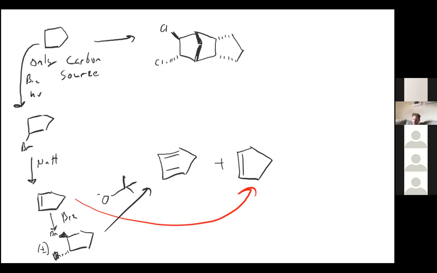Merging these two together through a Diels-Alder gets us to the majority structure of our compound. And then from here, just to chlorinate, we'd have to add in something like Cl2.